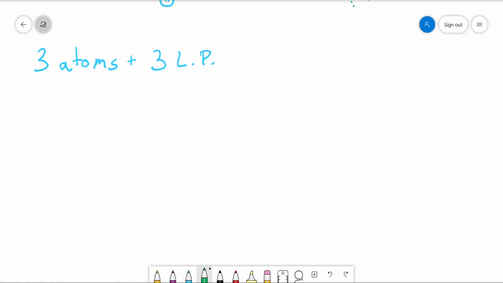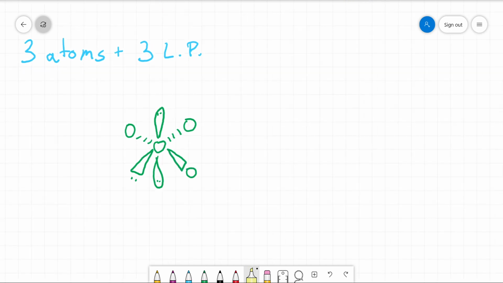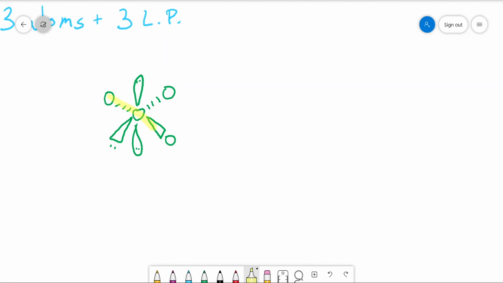And this one might be a little bit difficult to see, but we'll have a lone pair going up, lone pair going down. I'm just going to put lone pair here. It's somewhat arbitrary where we decide to put it in our drawing. But again, if I highlight those atoms, what does that look like?